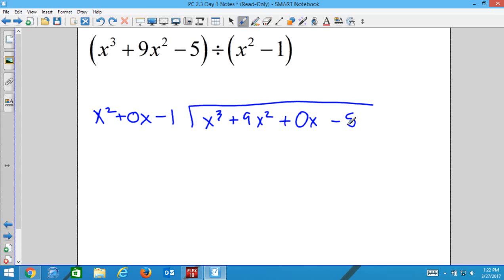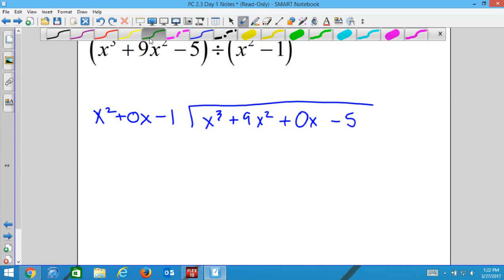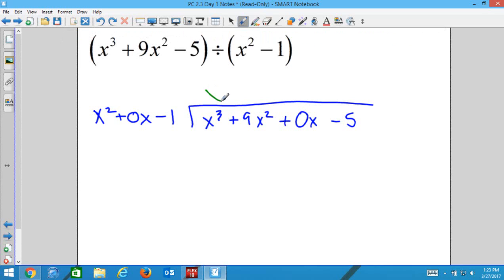All right, so we're going to divide. You guys tell me the answer. How many times does x squared go into x cubed? X, right. So I should be able to multiply x times x squared and get x cubed, which I did. X times 0x and get 0x squared. And x times minus 1 and get minus 1x. So I had to distribute it to 3 terms.